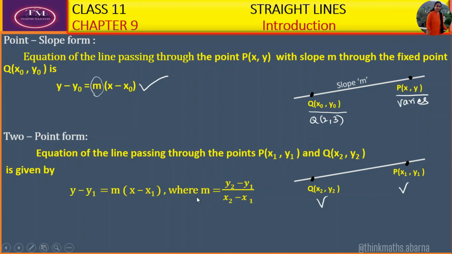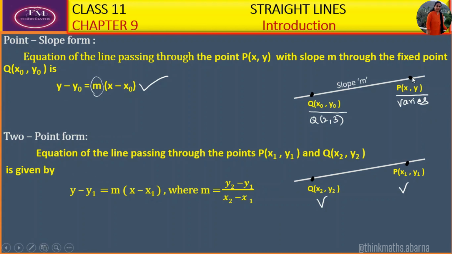What is the slope m? It is nothing but y2 minus y1 divided by x2 minus x1. This we learnt in the first part. Okay. We learned the slope using 2 points. This is called the 2-point form. So this is point slope.